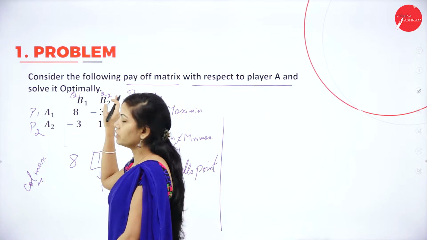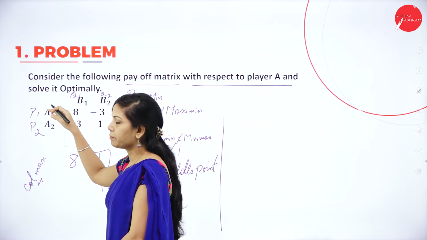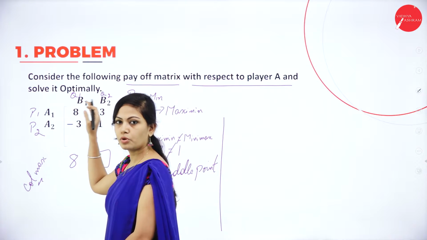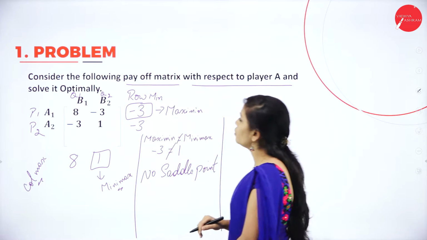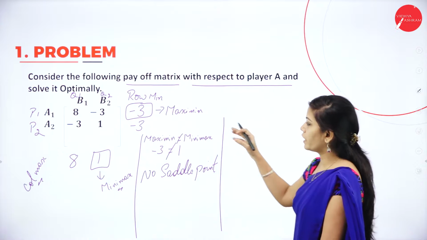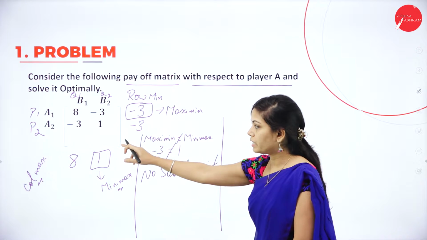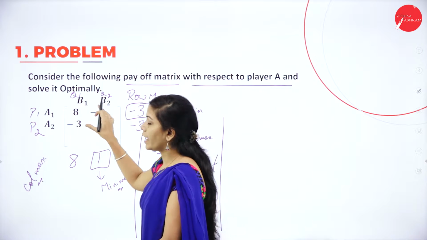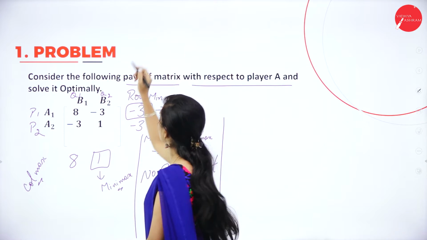So the rows I am considering as P1, P2, and the columns as Q1 and Q2. Now I will use one formula for finding the optimal strategy for player A and the optimal strategy for player B. Here I have a 2 cross 2 matrix, right?